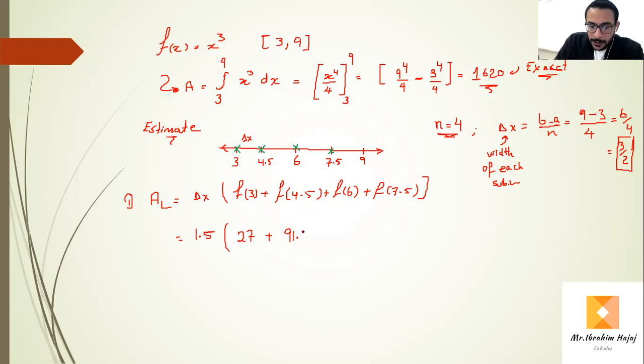I don't have a calculator. Then plus 6 to the power of 3, which is 216, and 7.5 times 7.5 times 7.5.